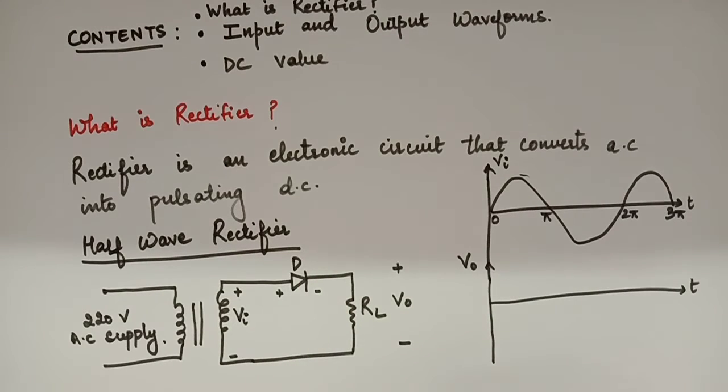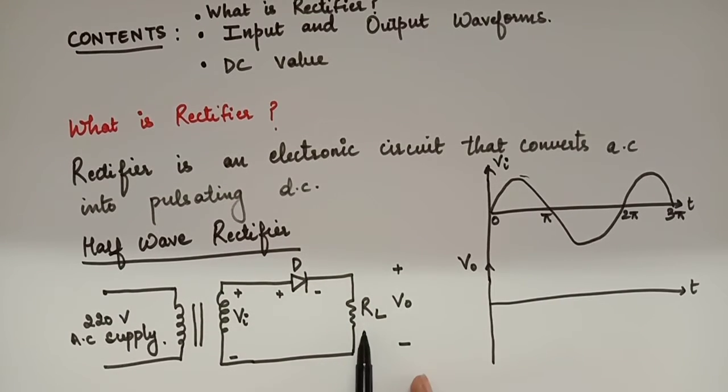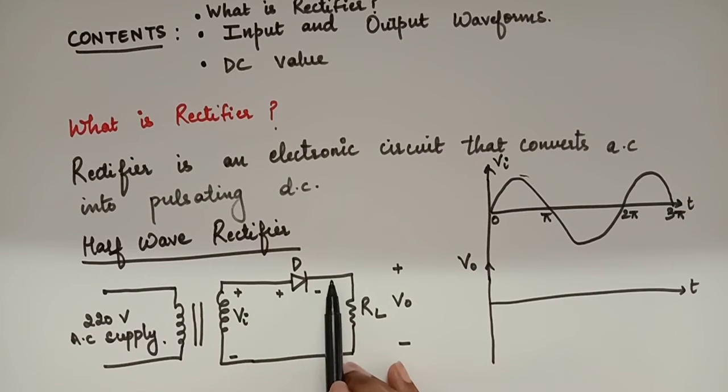Now let's visualize this diagram in our minds. We will not draw the equivalent circuits again and again. Just visualize that the diode is forward biased for the positive half cycle and it is replaced by a short circuit. So you can imagine a simple wire over here. Now current will completely flow into the RL because we have a short circuit. So what is V0?